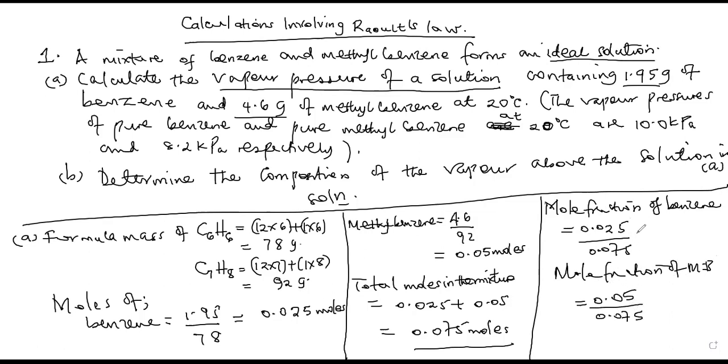Now, since we have the mole fractions and we have the vapor pressure of the pure components, we cannot fail to get the vapor pressure of our solution. So let's move with this. We first get the partial vapor pressure of benzene, the partial vapor pressure of methylbenzene, then we get the total.